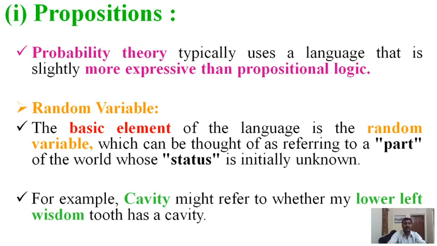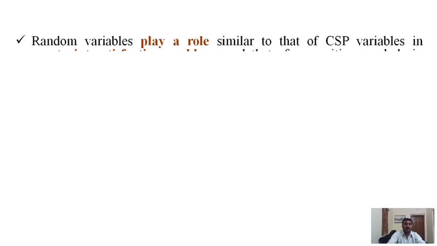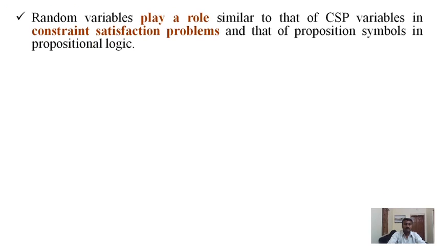Its initial status is unknown. Then random variables play a role similar to that of variables in a CSP, a constraint satisfaction problem. In the same manner, in probability theory the random variables play the most important role, and also that of proposition symbols in propositional logic.